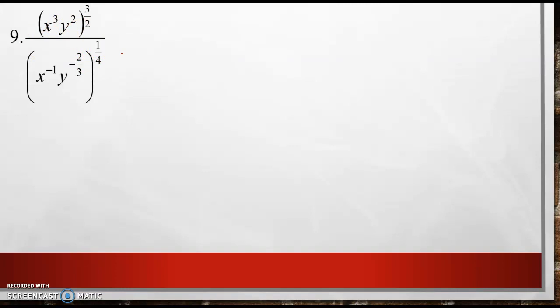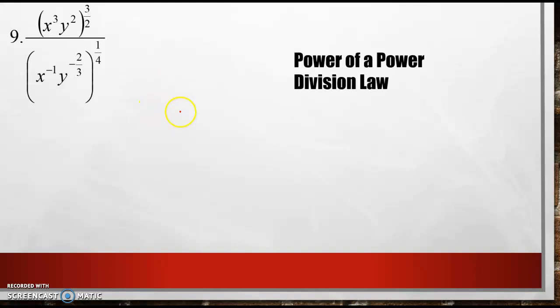Okay, so the possible laws that you can use here are power of a power and division law. So what I used first is power of a power. I multiply the exponents in the numerator, so 3 times 3 halves and 2 times 3 halves. And then here, the 1/4, so negative 1 times 1/4 and then negative 2/3 times 1/4.